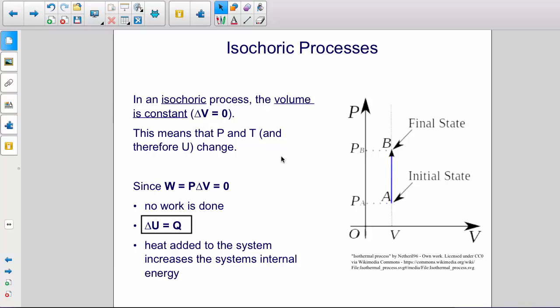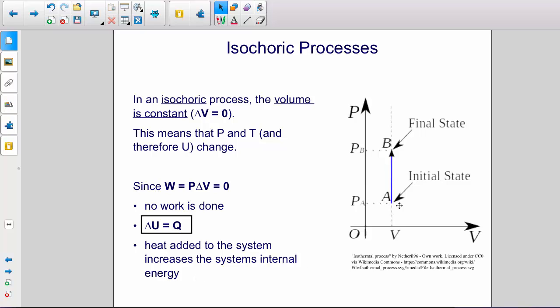And therefore, when we go back to our first law of thermodynamics, delta U equals Q plus W prime, there's no W prime. And we're left with the change in internal energy is equal to the heat added or removed from the system. So heat added to the system increases the system's internal energy and will also increase its temperature.